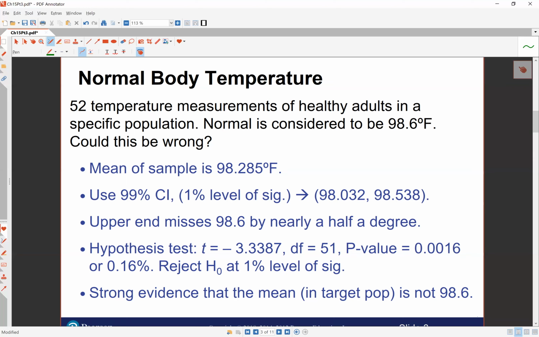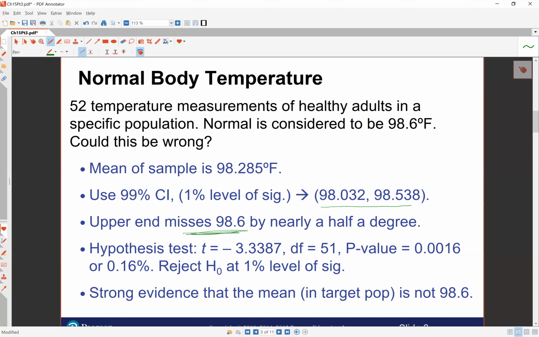Now, we can then construct a 99% confidence interval. And in this particular example, our confidence interval ranges from right at 98 degrees to just over 98.5 degrees. So the upper end of the confidence interval misses the value 98.6 by about half a degree.